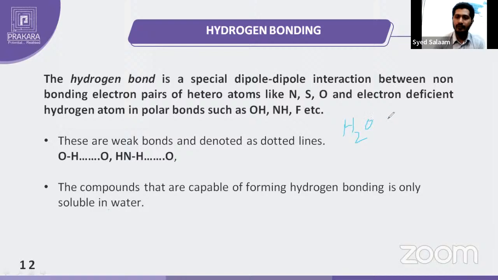Oxygen and sulfur both belong to group 16 elements. Both should have similar properties, but water is a liquid and H2S is a gas. The reason is the hydrogen bonding seen in water.